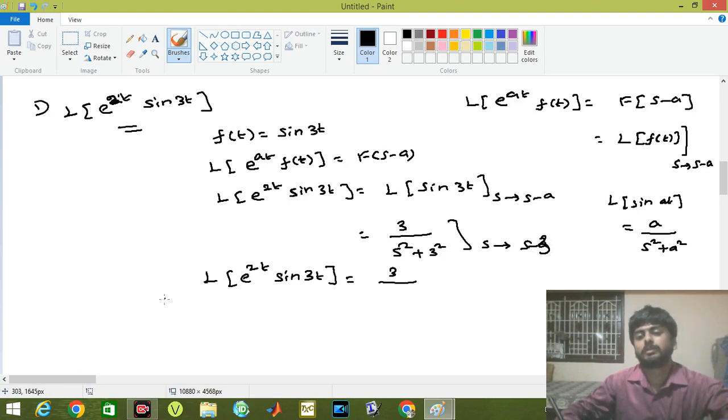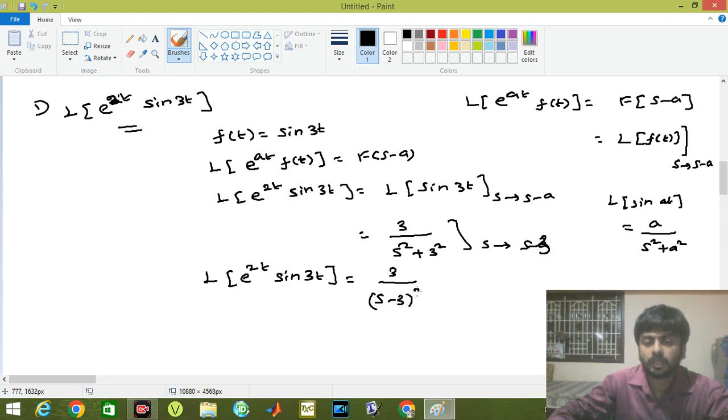Okay, s minus 3. So we will have 3 divided by (s minus 3) the whole square plus 3 square, which is 9.